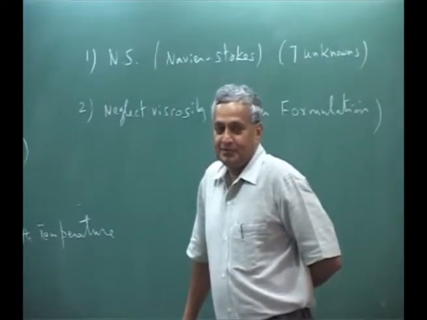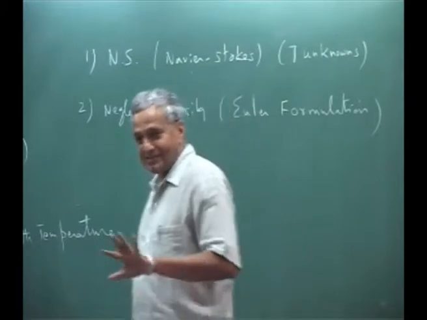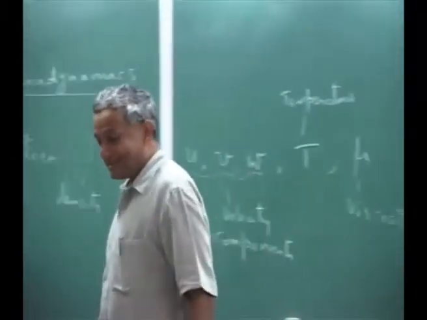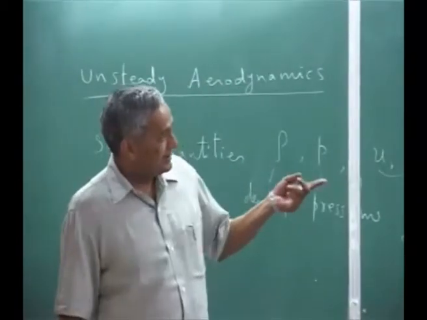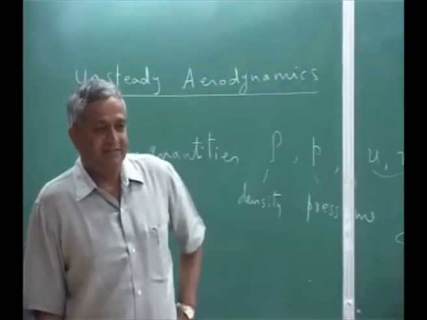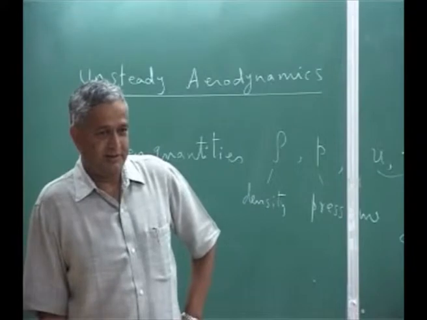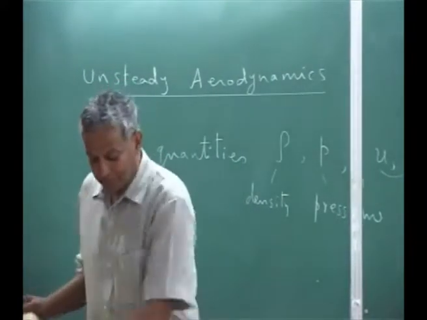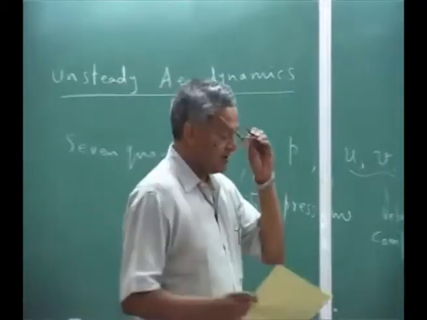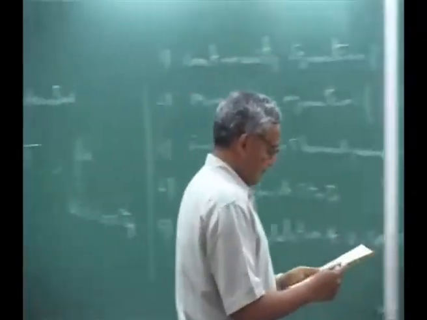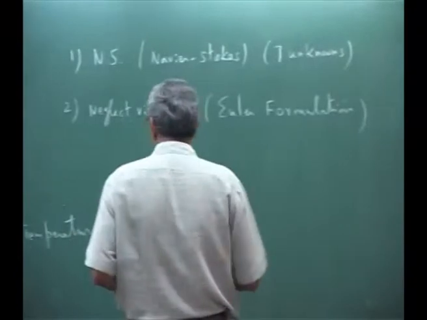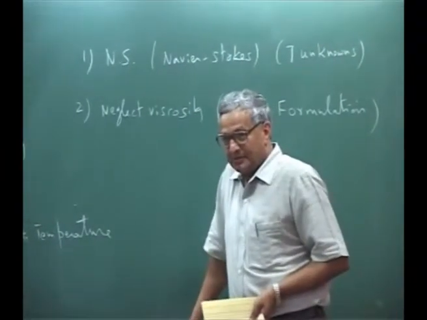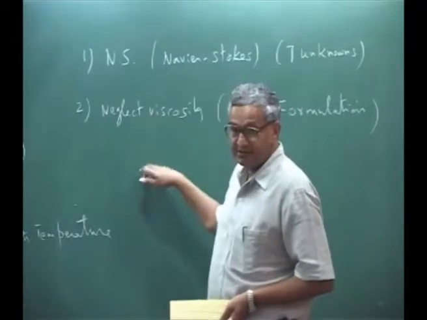Now we are not going to do this Euler formulation also. This can be further simplified, which is called the potential flow. That is the type of approximation you make to reduce from here to the next level.